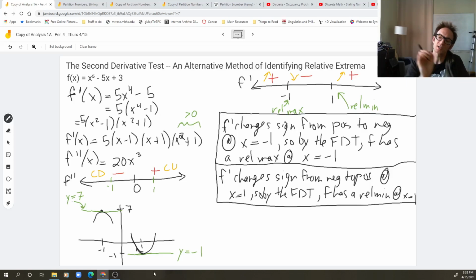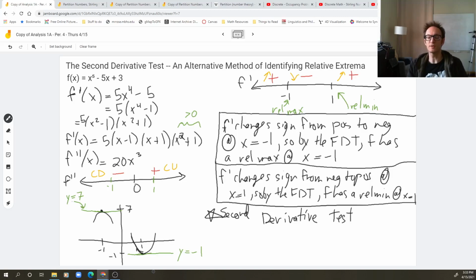I'm actually not writing this all down because I want to talk it out to you. But what I've just explained is this thing called the second derivative test. The second derivative test, which is the title of this slide, is another theorem about how to find relative extrema. It is an alternative to the first derivative test.